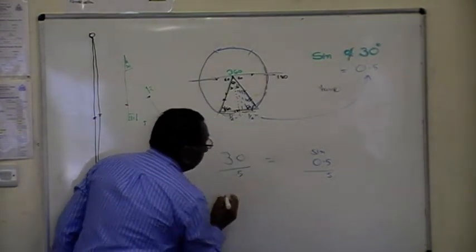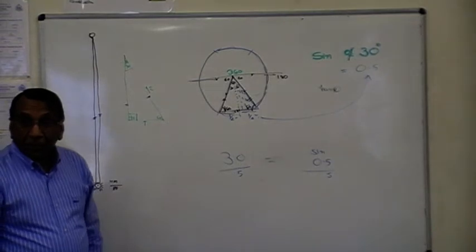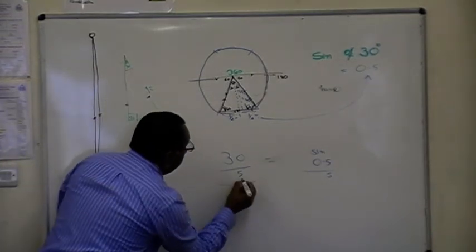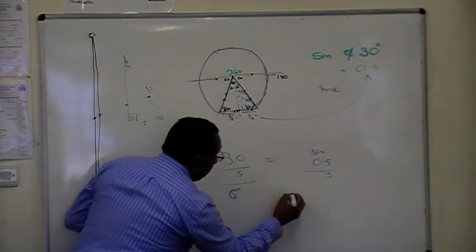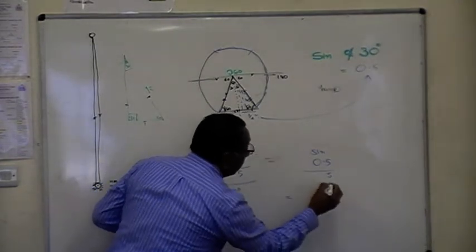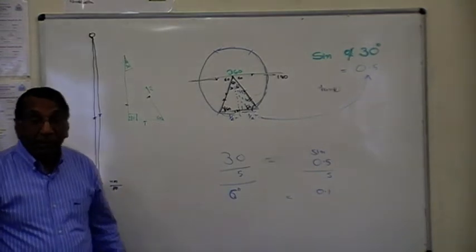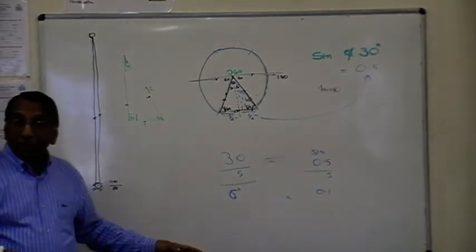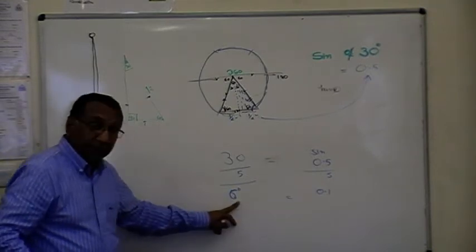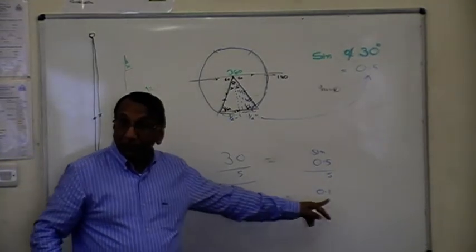Divide by 5 first. So we get sine of 6 degrees equals 0.1. When you do this on a calculator or computer, you will get this answer. Sine of 6 degrees equals 0.1.